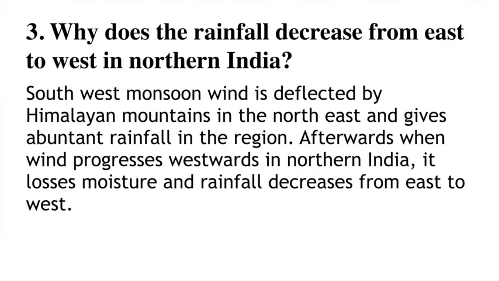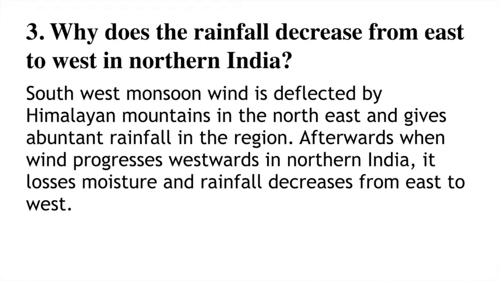Okay. Next question. Why does the rainfall decrease from east to west in northern India? You know, the southwest monsoon has two branches. One is the Bay of Bengal branch and another one is the Arabian Sea branch. When the Bay of Bengal branch wind reaches the northeastern mountains, because of the height of the mountains, it gets deflected towards the west.